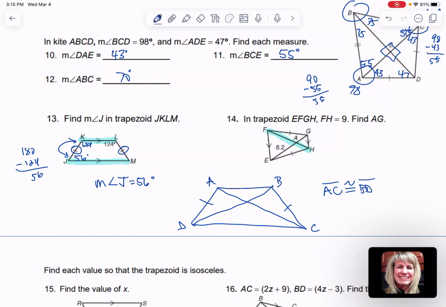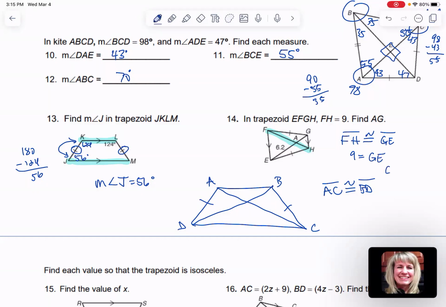All right, so we're told FH is 9. That means, well, I know segment FH is congruent to segment GE. And because FH is 9, that's what segment GE is going to equal as well.